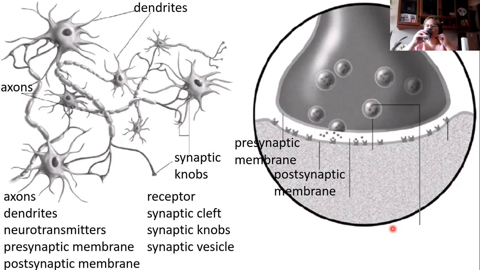Neurotransmitters, excellent. And then the last one is referring to this little structure that's sitting here. Yeah, and those are our receptors, which of course are ion channels that have a spot for the neurotransmitters on them. Awesome. So make sure you know those structures and know what they do.